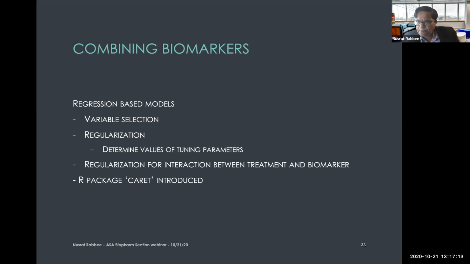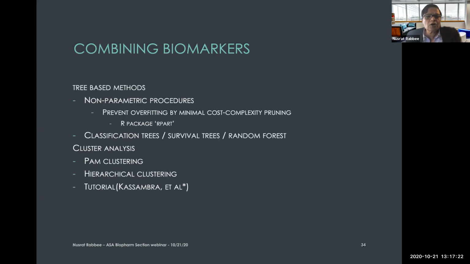Because we're in the regression-based context, we are not just interested in the main effects of the biomarker, but also in the interaction. Let's move on and talk about tree-based methods. This is really good when you want to do the non-parametric ways.